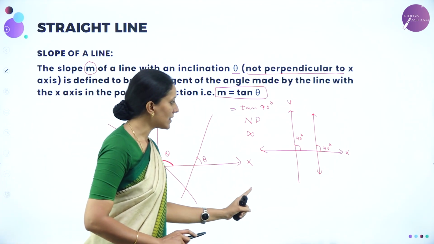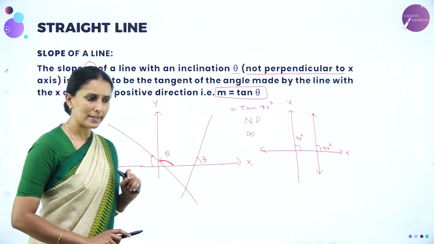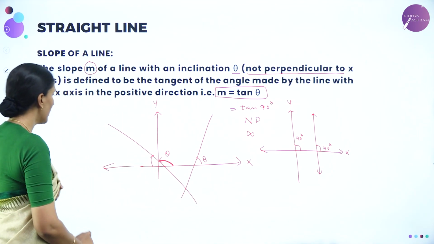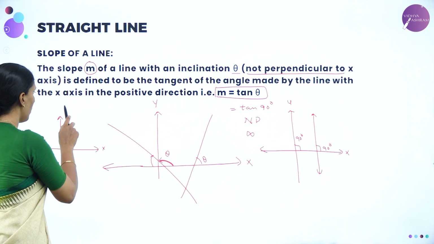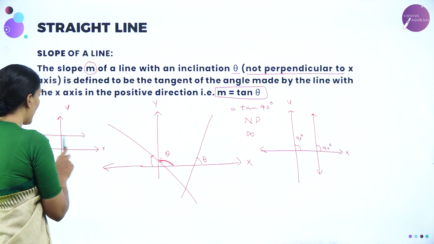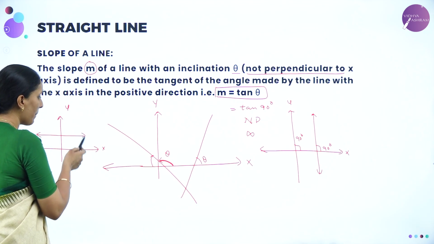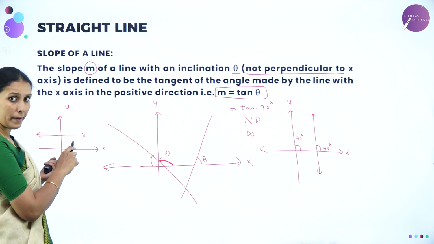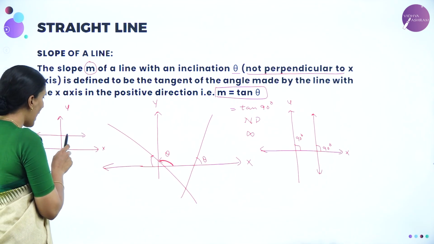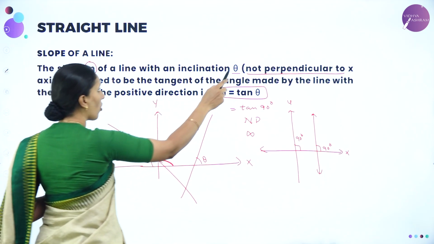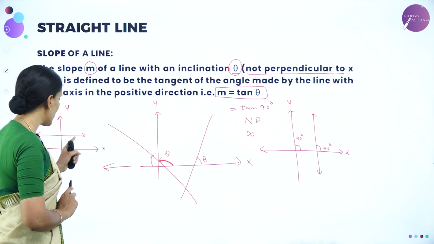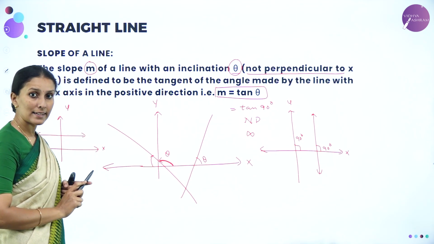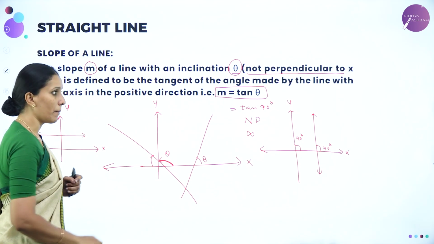Whereas if we consider a line which is parallel to the x-axis, consider this is your x-axis and y-axis. Now if I draw a straight line parallel to the x-axis, we can say parallel to the x-axis or perpendicular to the y-axis. What is the angle between these two? We are talking about the theta which cuts the x-axis, but here it is not intersecting the x-axis at all. That means the angle between them is 0.